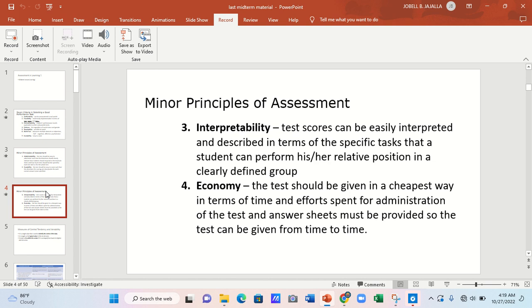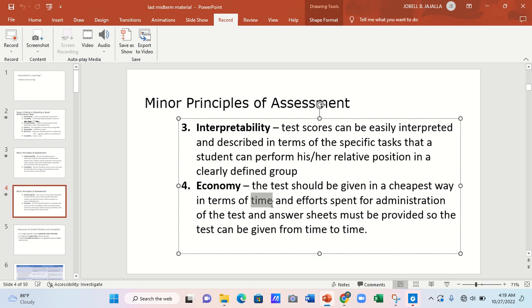So, unsa man ang mga currency na relevant to this quality na sa minor principle. So, cheapest way in terms of time, so dali ra ba siya mahuman, and efforts. So, gamay ra ba ang effort natong i-exert to make the assessment task possible?